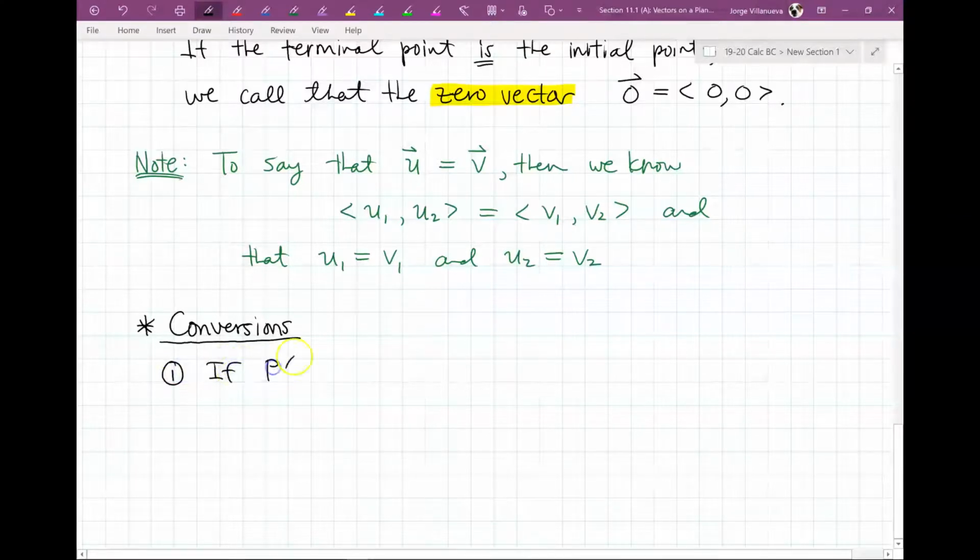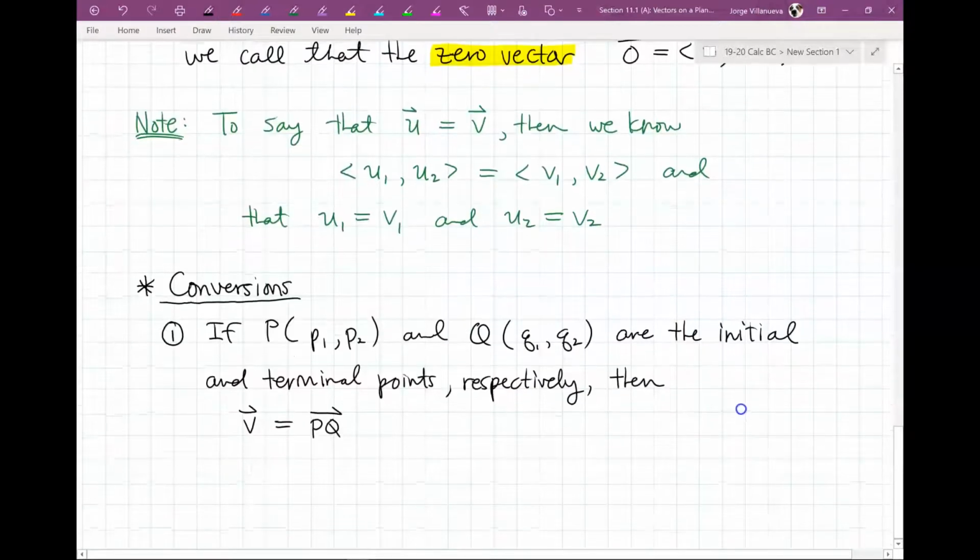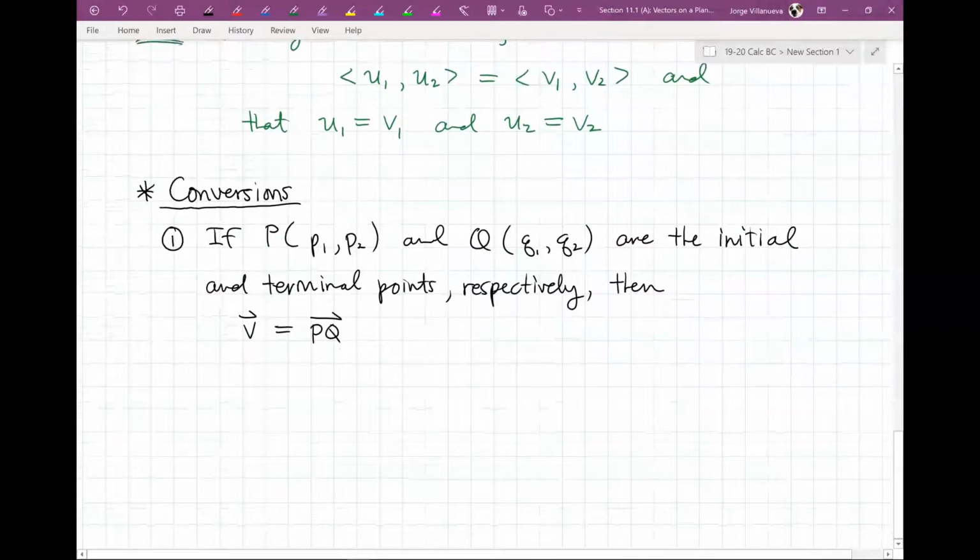They say if point P, which we'll call P sub 1, P sub 2, and point Q, which we'll call Q sub 1, Q sub 2, are the initial and terminal points respectively, then we can call vector v the same as vector PQ.